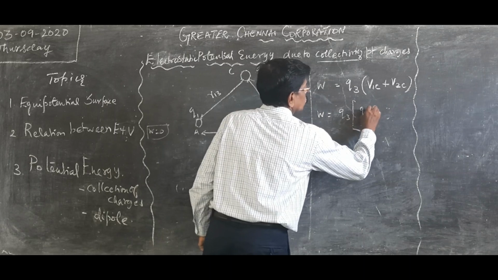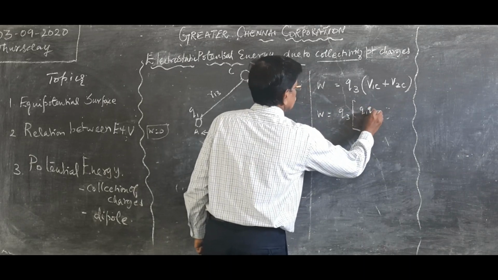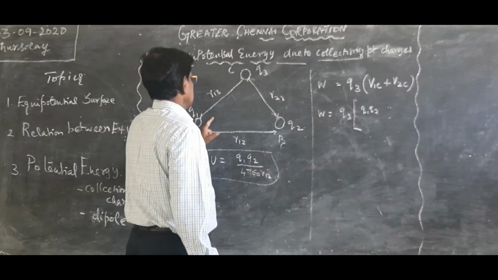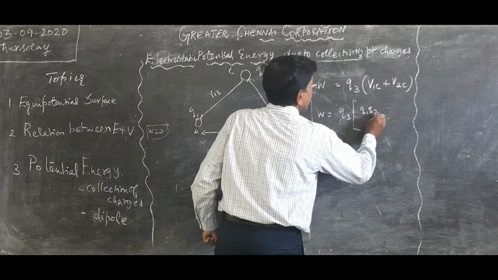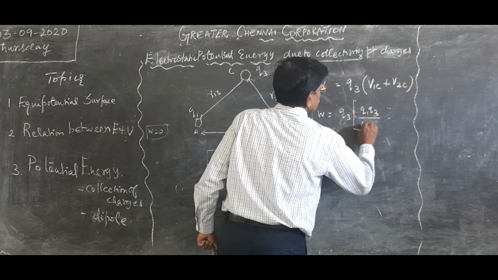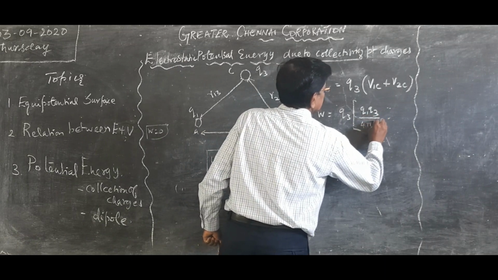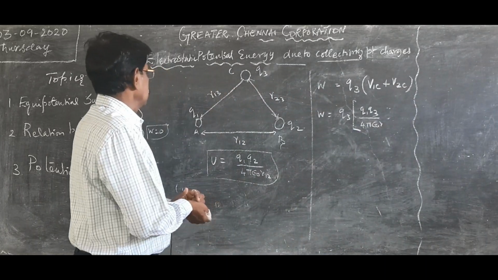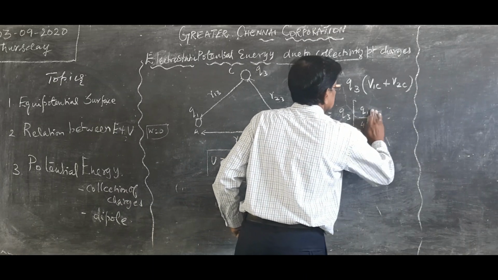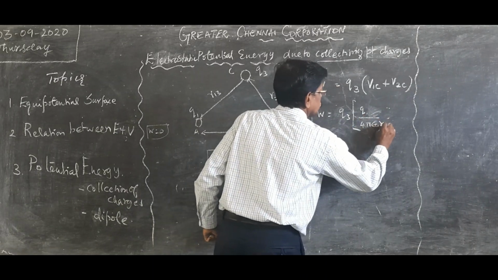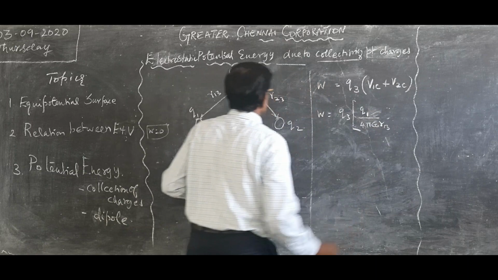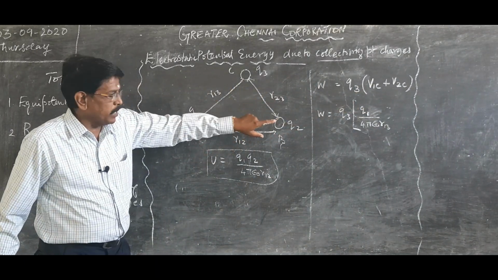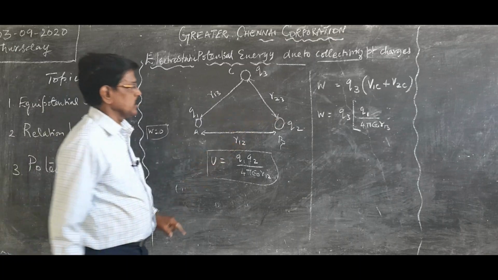What is the formula? Potential due to the first charge is Q1 by 4 pi epsilon 0 R13, the distance.